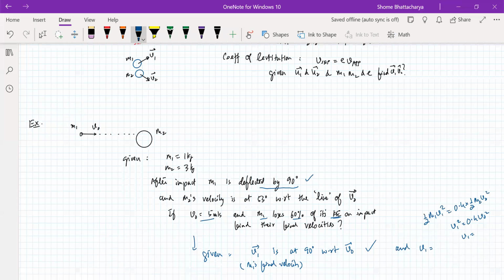So V1 square is 0.4 times V0 square. That's another information which is given through this. Okay. And of course, V0 is equal to 5 meters per second.